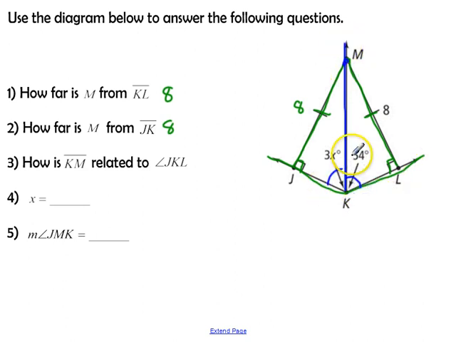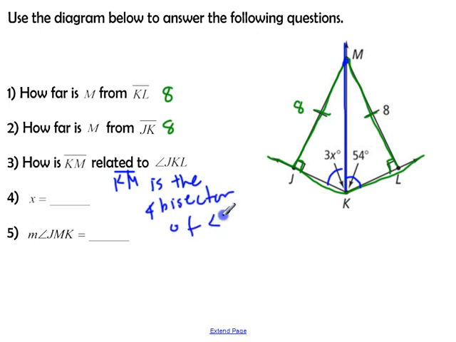So MK is actually the angle bisector of angle JKL. So we can say that KM is the angle bisector of angle JKL.